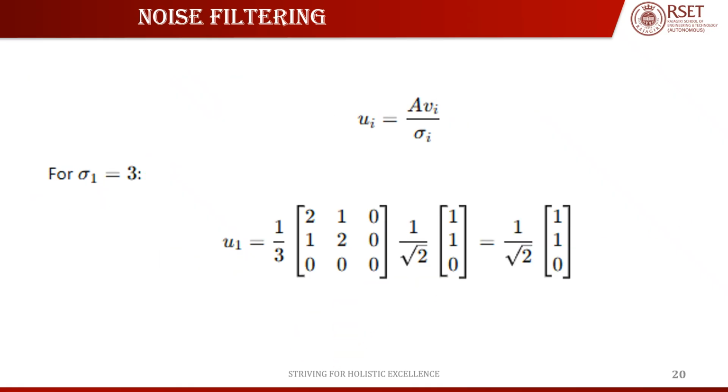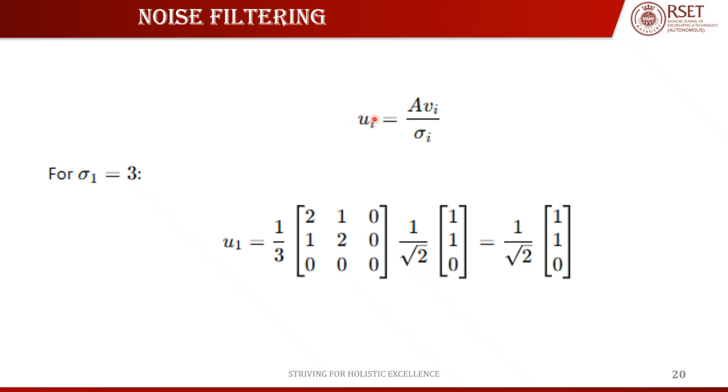Now since you have the eigenvector, you can find the vectors ui given by the equation A vi by sigma i, since we need the rank 1 approximation using the largest singular value. We were asked to approximate using the largest singular value, that is we need rank 1 approximation.